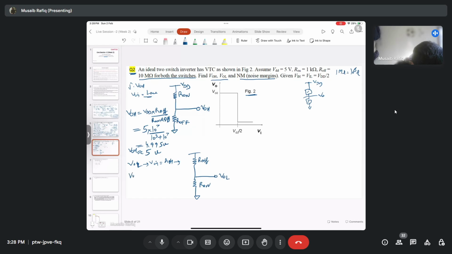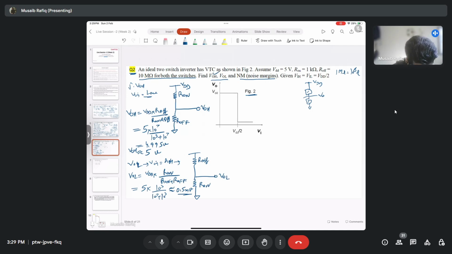So VOL will be equal to VDD times R on by R on plus R off, right? Once you plug in these values, 5 into 10 raised to power 3 divided by 10 raised to power 7 plus 10 raised to power 3, it comes out to be approximately 0.5 millivolts. Kindly check the numbers at your end.